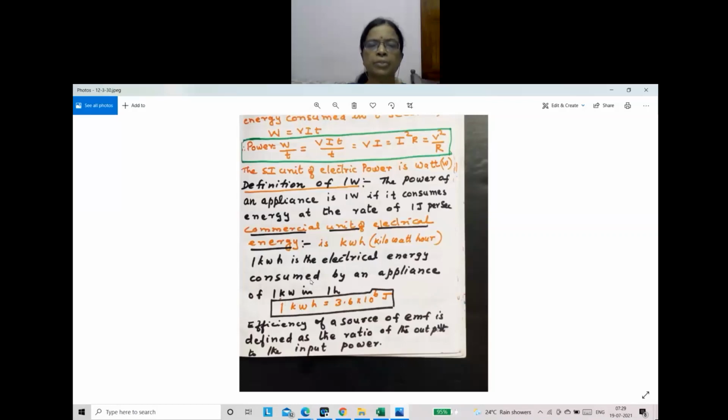In our electrical bill, they will simply say unit. 1 unit means it is actually 1 kilowatt hour. 1 kilo means 1000, so kilowatt means 1000 watt. Hour, how many seconds? 3600 seconds.